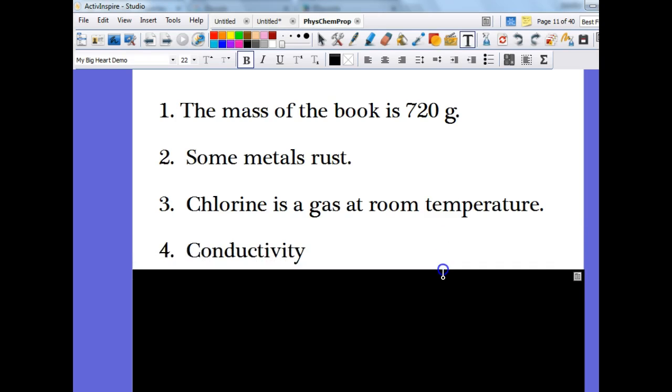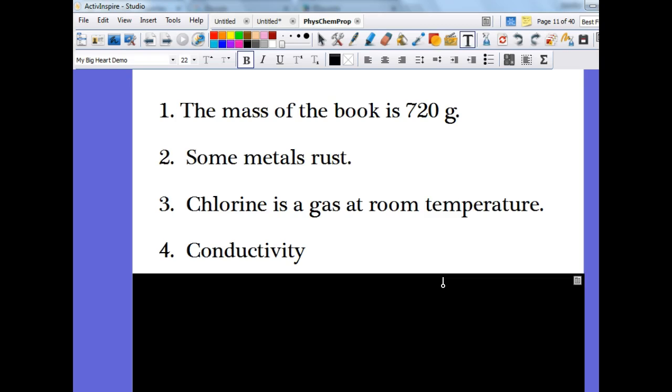Number 4, conductivity. Is that physical or chemical? If I want to find out if something's a conductor, do I have to change the matter to do that, to observe its conductivity? What'd you put? You should have put P, physical.